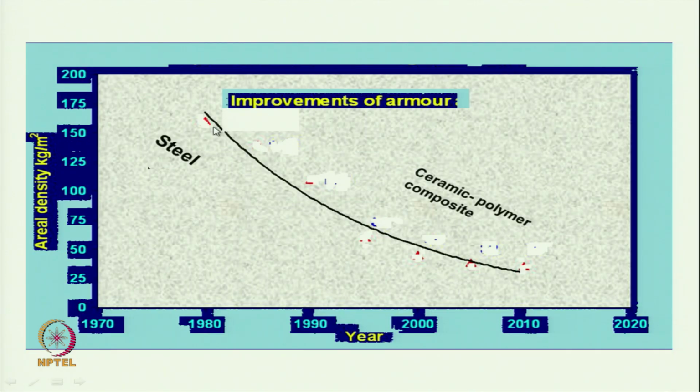If we see with time, the areal density of body armors is reducing gradually, and the research direction is to reduce this mass further, so that it is very commonly used, the person's protection is high, and due to the flexibility, other performance will be better.